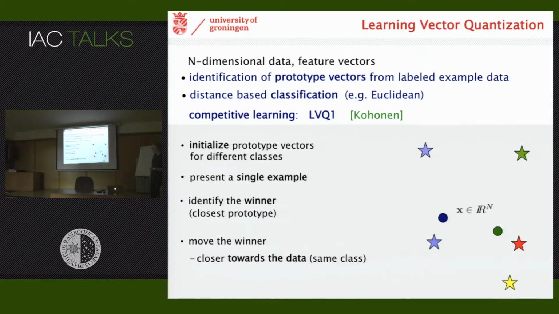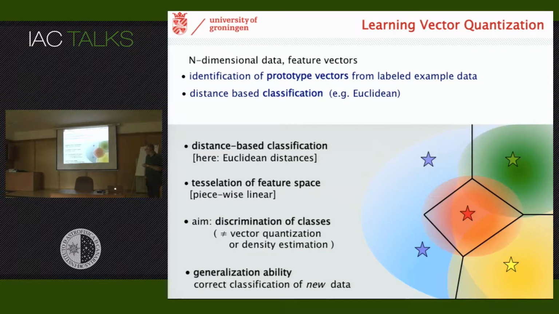We move on. Next data point from our set sits here in the feature space, is labeled as a green example. Belongs to the green class. We determine the closest prototype, but this is now a red prototype, so it's not supposed to represent green data, right? So what do we do? We push it away from the observation. And the hope is, and this is pretty intuitive, that in the end we have prototypes placed in regions of feature space where there was predominantly data from that class, right?